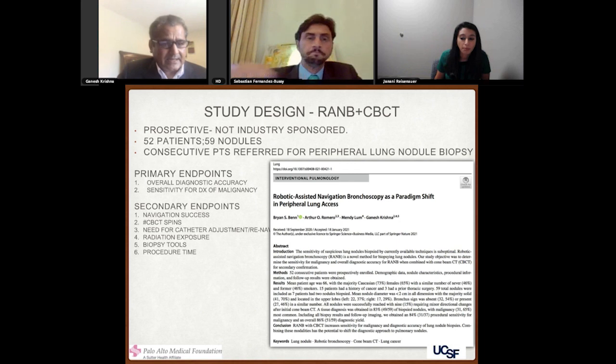We looked at the overall diagnostic accuracy, which we reported to be 86%, and sensitivity for diagnosis of malignancy, which we reported as 84%. We also looked at navigation success, the number of cone beam CT spins, as we used cone beam CT as our secondary confirmation tool, need for catheter adjustment after we navigate to the lesion, and also radiation exposure, biopsy tools, and procedure time.